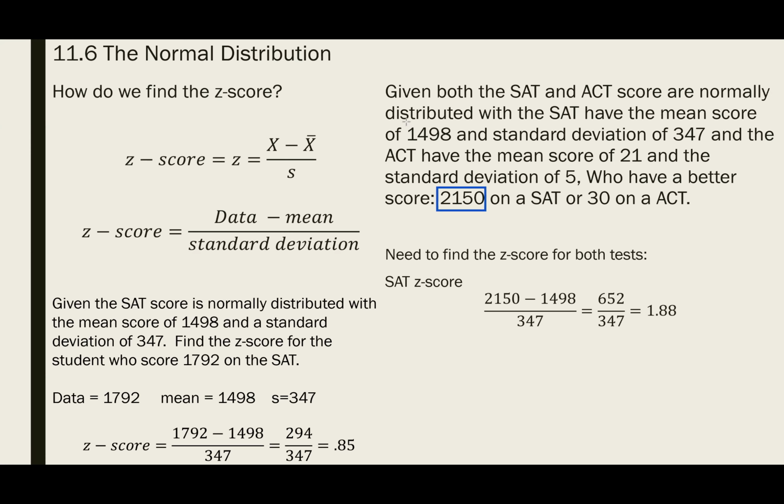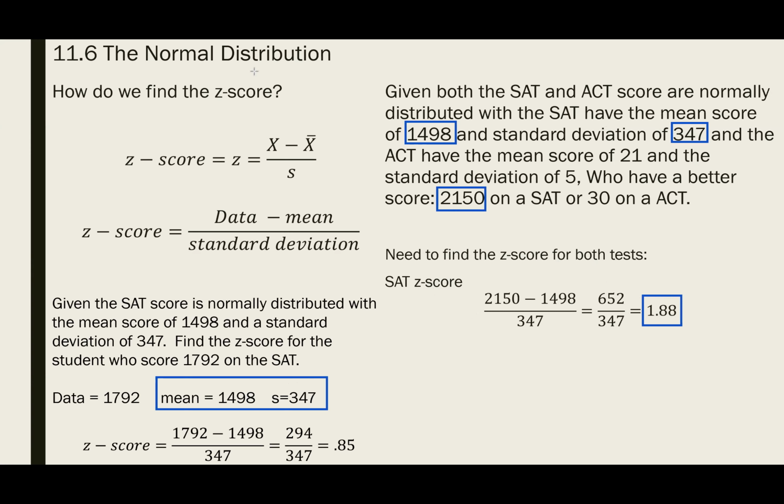The mean for the SAT is 1498, which is the same mean as before, and the standard deviation is 347, the same as in the previous problem, right? So if I convert this, you can see that for this student, the z-score for the SAT is 1.88, meaning the student is 1.88 above the average.